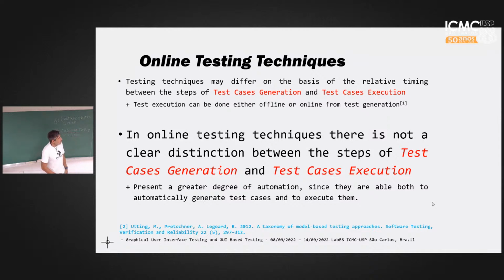Why are these testing techniques fully automated? Because they do not need knowledge of the application, and they are able to generate the test cases automatically and to execute them.